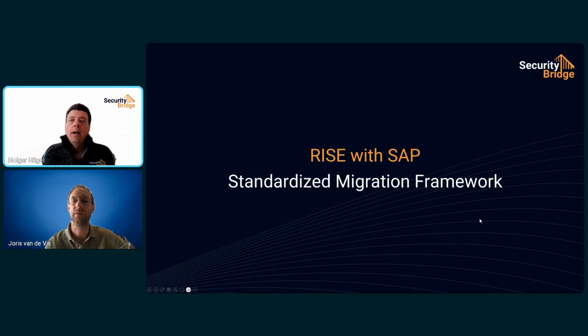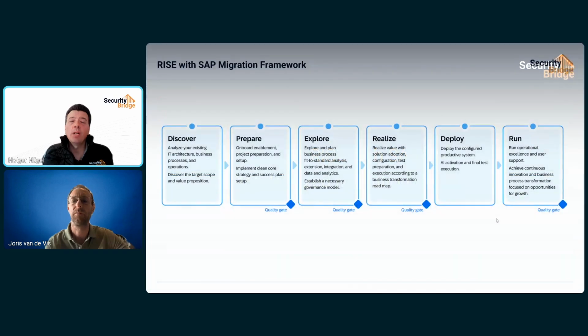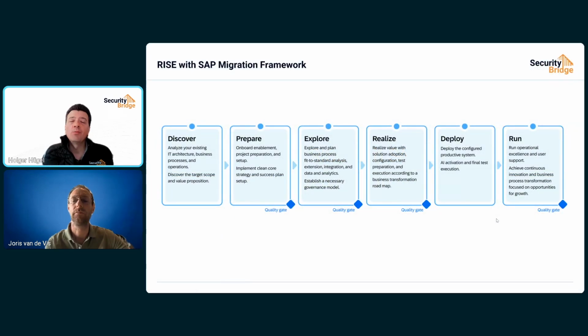Now, as I mentioned, SAP provides a standardized migration framework to help you with a smooth transition to RISE with SAP. And this is again a chart from SAP showing that migration framework with the 6 phases, and with certain quality gates that are there in place.